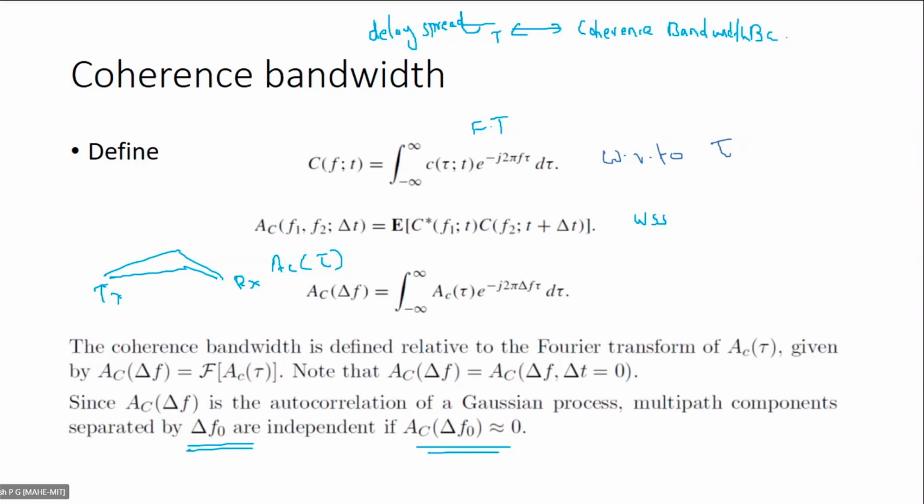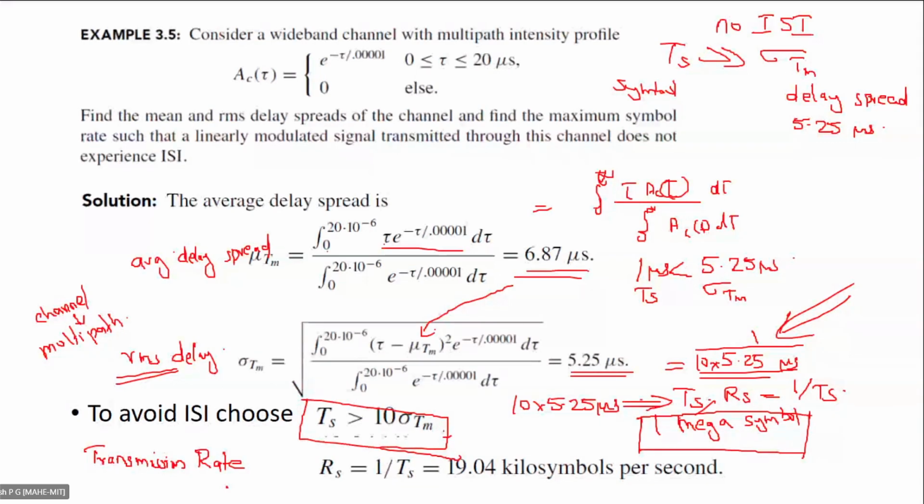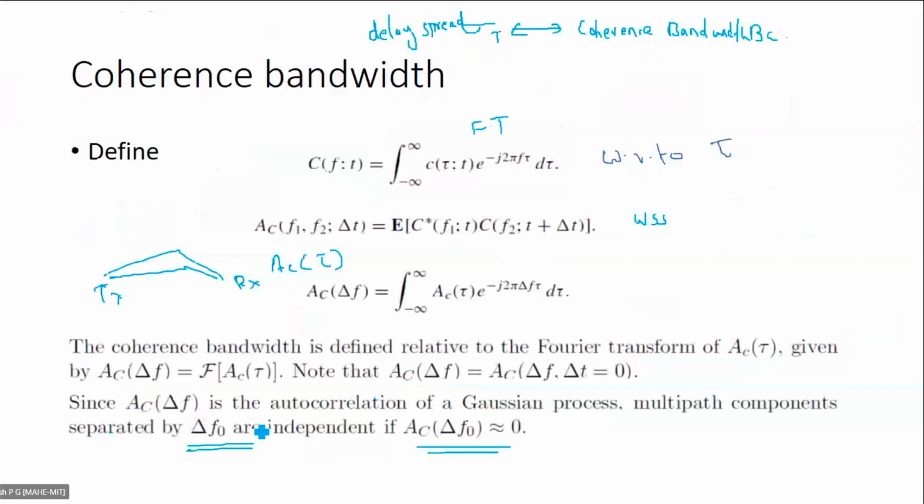So till now, what we did is we have been explaining the behavior of multipath, and we have mentioned a few technical terms, that is delay spread, average delay spread, RMS delay spread, etc. So the frequency domain version of delay spread is called coherence bandwidth.